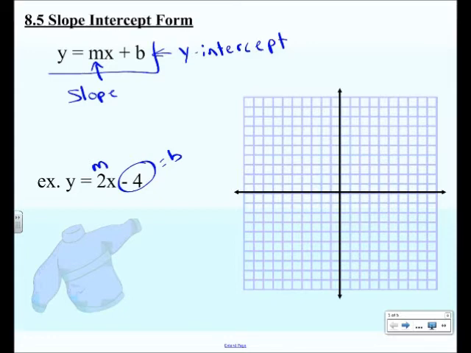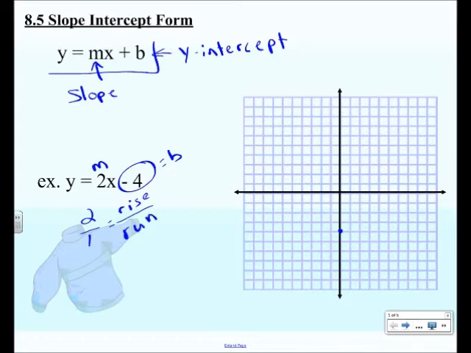So I'm going to go over to the graph here. I'll find our y-intercept first, 1, 2, 3, 4 in the negative direction on the y. So there's our y-intercept. We know that our slope is 2, or 2 over 1. Again, this is our rise over run.